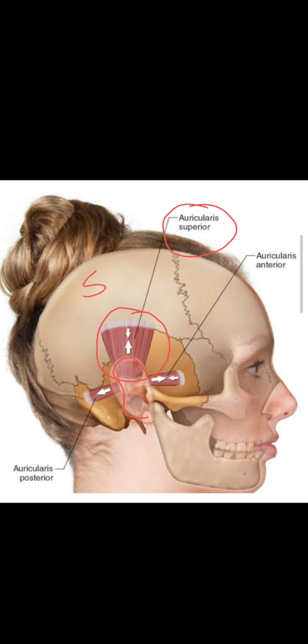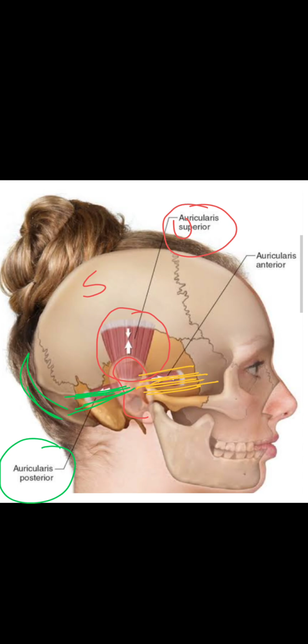You can remember it as S for scalp and S for superioris. The muscle fibers that are directed anteriorly, as you can see over here, represent your Auricularis anterior fibers. And thirdly, the muscle fibers that are projected posteriorly towards your occipital part. You see, this is the occipital and you have Auricularis posterior.